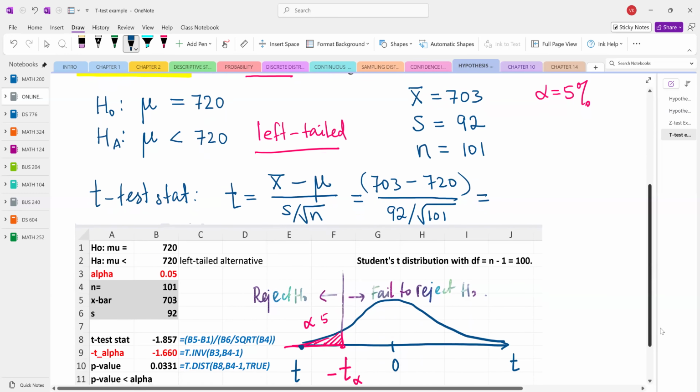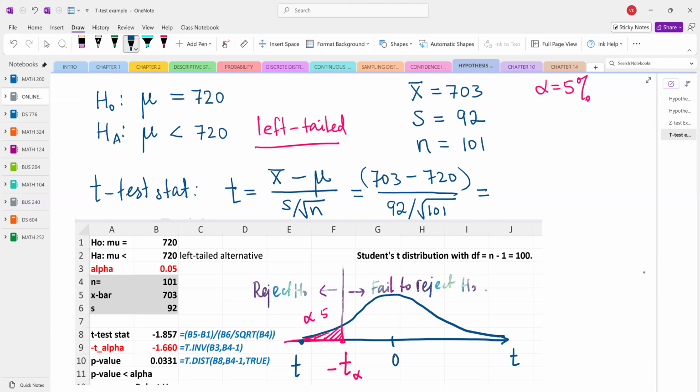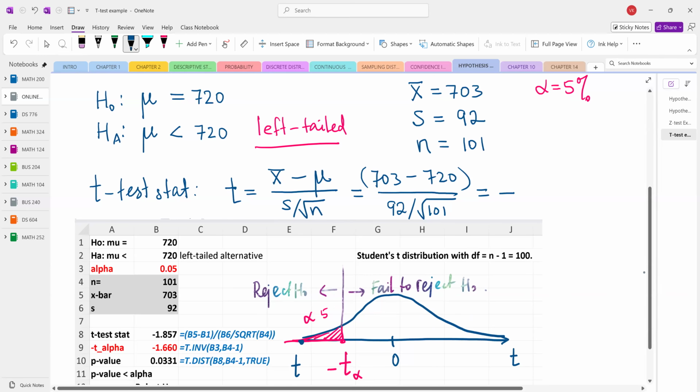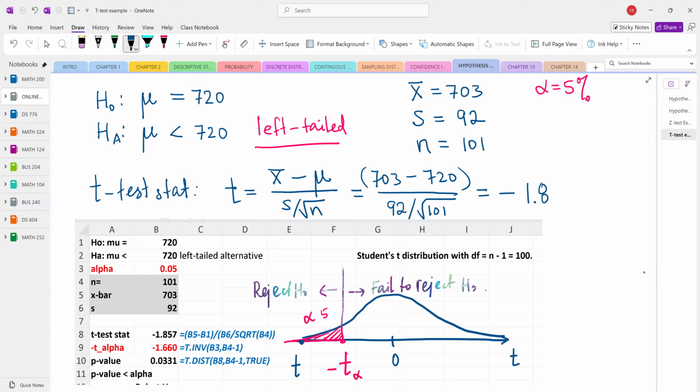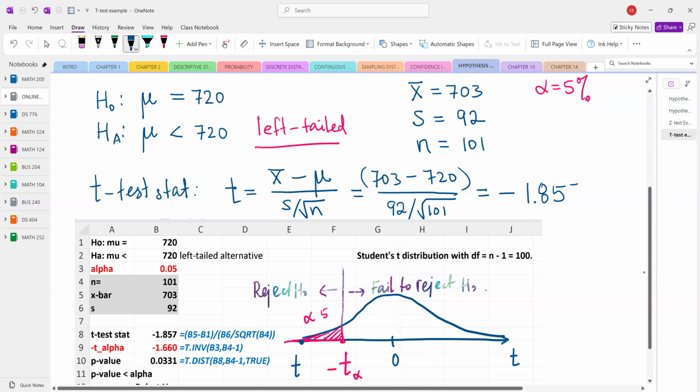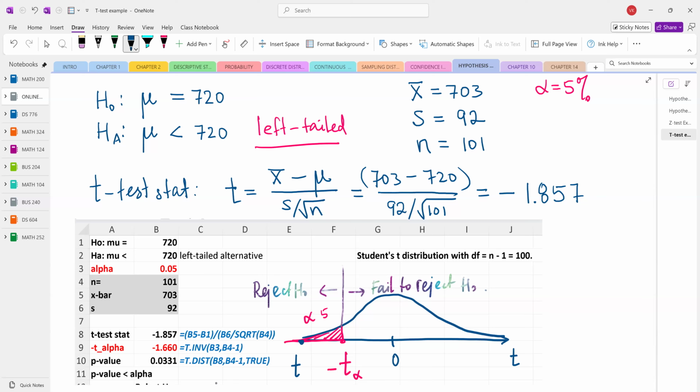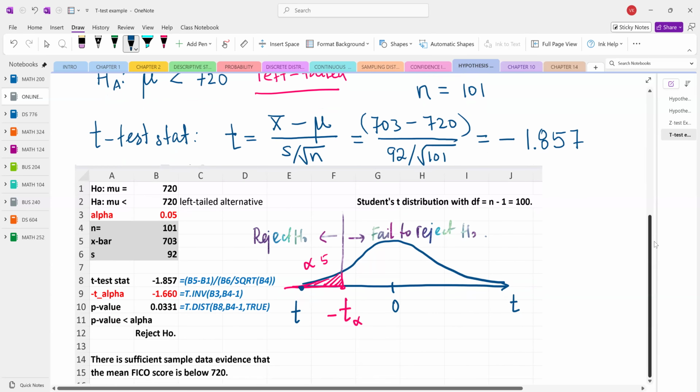Here I have done all my calculations using Excel. If you find it convenient, please take a look. If you use Excel for your homework or classwork, feel free to use it. The test statistic is negative 1.857, rounded to 3 decimals.